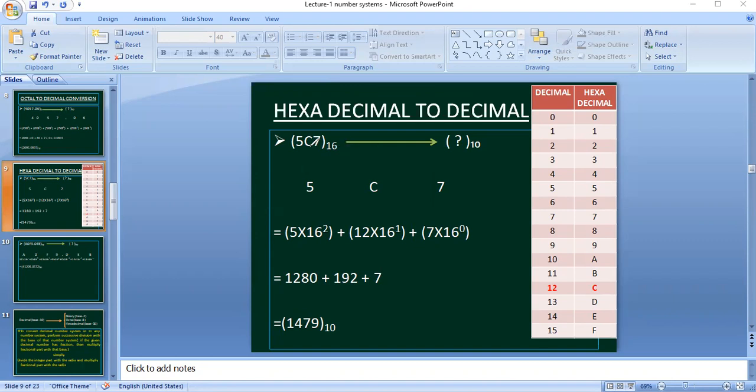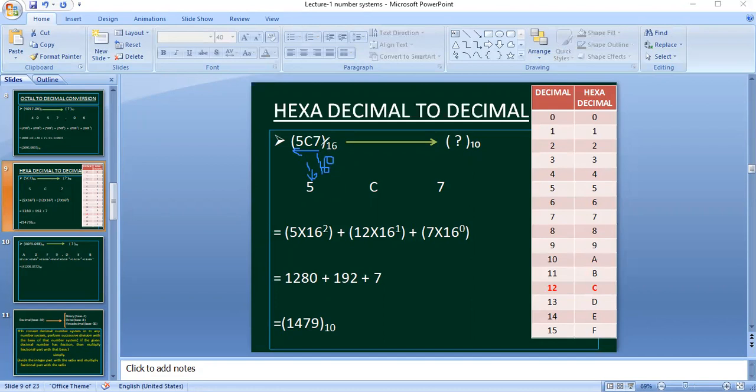In this problem, we have only the integer part. So you need to consider the positive powers from right to left in this direction. What are the positional weights, which start with 16 power 0, 16 power 1, in a similar way 16 power 2.